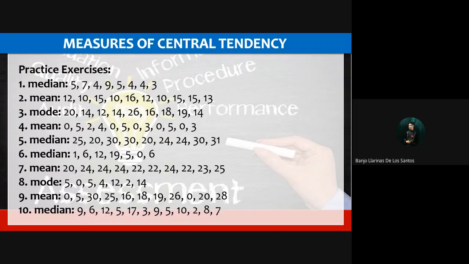Number 5 po ay 25. Number 6 ay 6. Number 7 ay 23. Number 8 ay 5. Number 9 ay 17. Tsaka number 10 po ay 7.5. Okay. Next, Orhalesa.